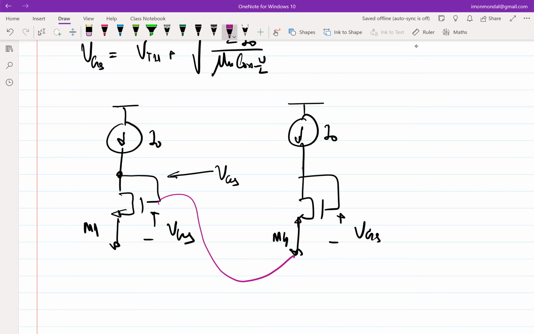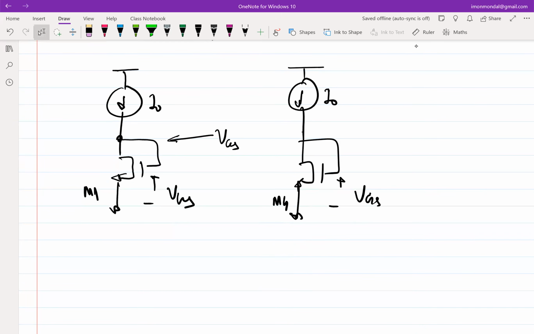Will M1 get biased properly in this case? Right? But I understand what you're trying to do. So ultimately, let's say instead I call this terminal VS1. Okay. So if this is VS1, what is this voltage?